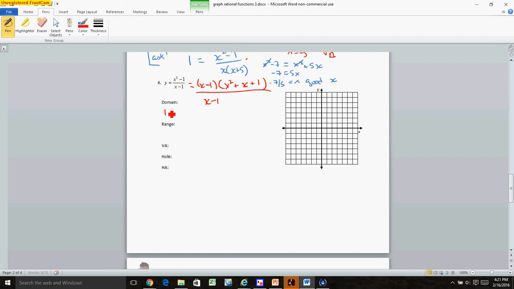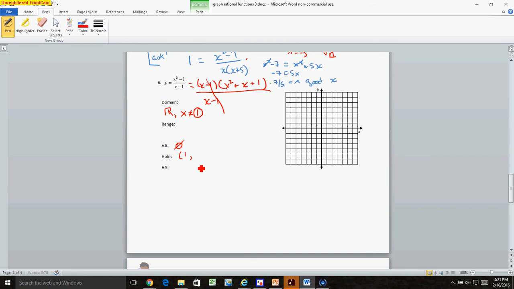I only have one bad x. It cancels out. Therefore, I have a hole. That's my only bad x, so I don't have a vertical asymptote.